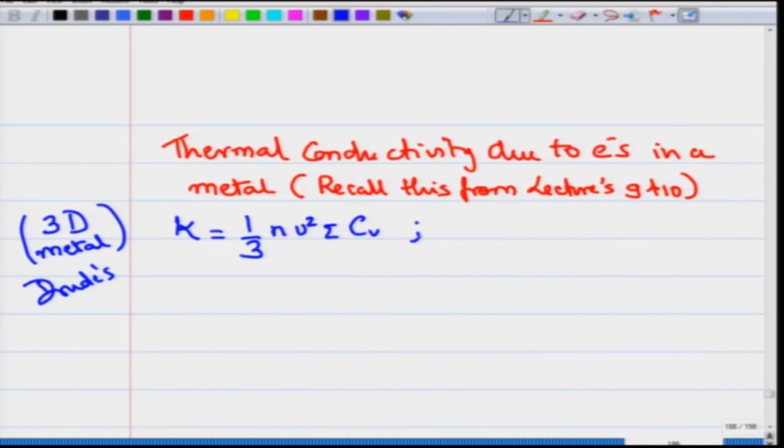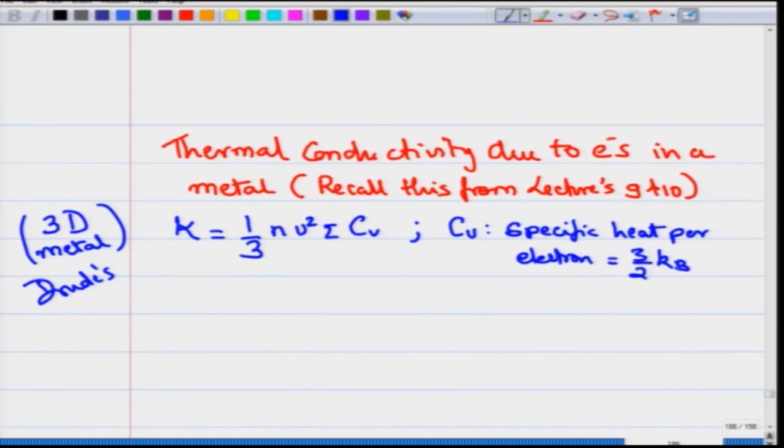I would like to clarify that in this lecture 10, the C v that was derived was the specific heat per electron, which was 3 by 2 kB, which I had done in lecture 10.